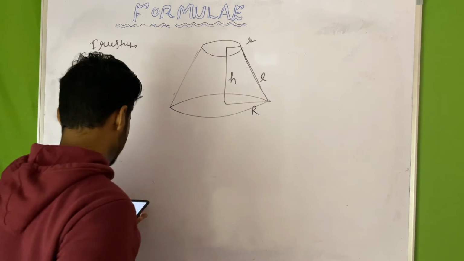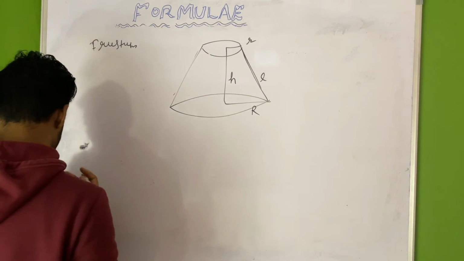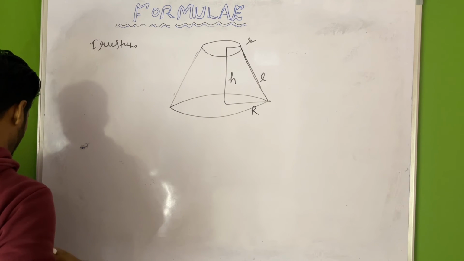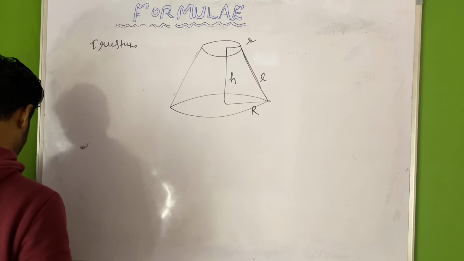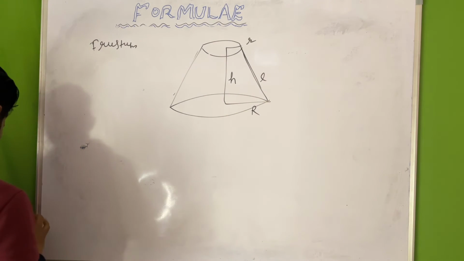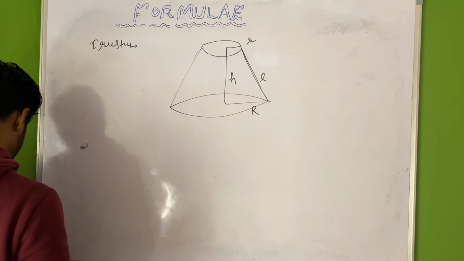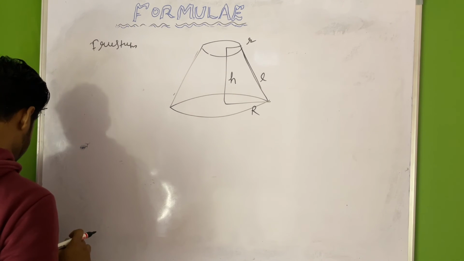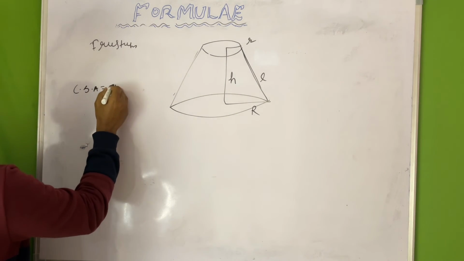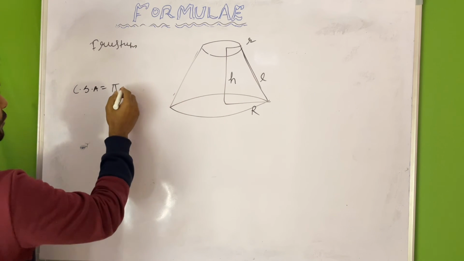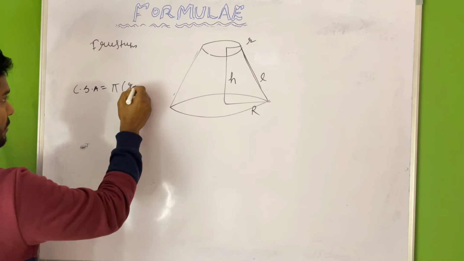This is L. Okay, so curved surface area CSA of this is pi into L into (small r plus capital R).